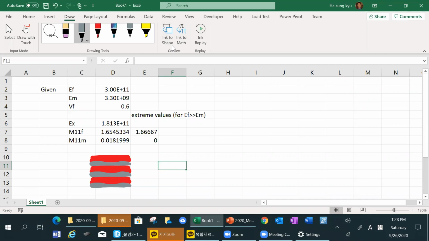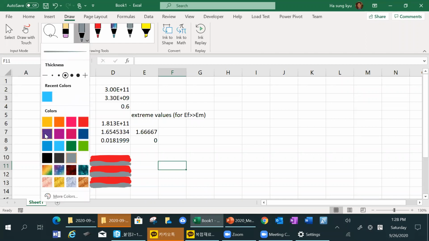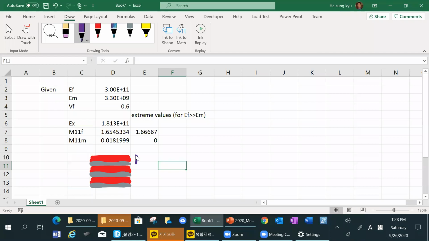And then we are applying some external force to here and to here. We can call this sigma x. Now, what we'd like to know is how much of the force is transferred to this fiber.